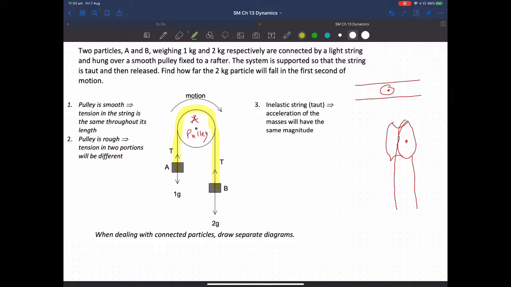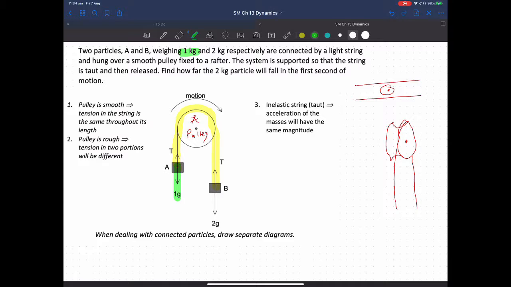The first piece of information we'll look at are the weights. We are told particle A is 1 kilogram, so we know it has a weight of 1g. That 1g will be a force operating towards the ground.